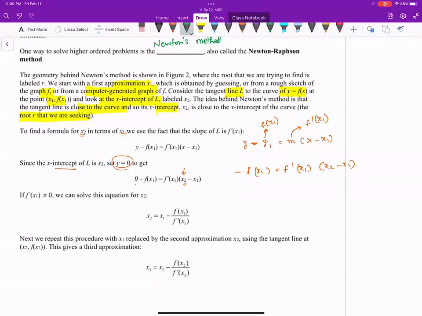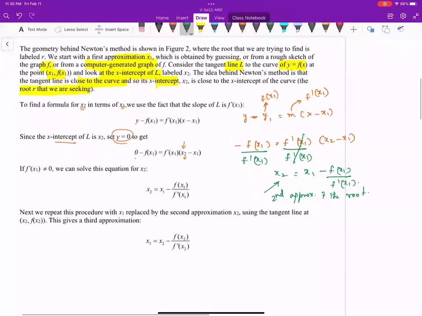If we divide both sides by f prime x1, providing it is not equal to 0, then x2 equals x1 minus f of x1 over f prime x1. So this is the second approximation of the root of the function f of x.